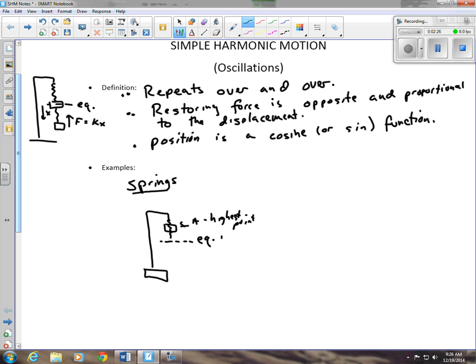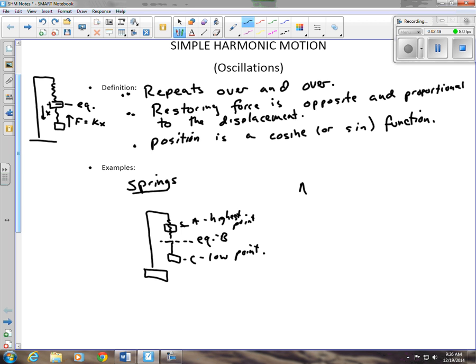It's going to go through B, the equilibrium position, and then down past that to C, the lowest point. Then the spring pulls it back up, past the equilibrium, back up to A, and it continues oscillating back and forth between A and C.